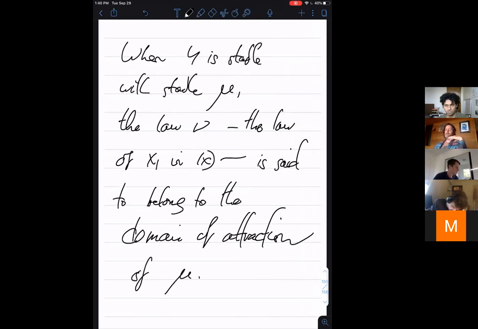So if I take a given law such as the standard normal law, then of course stability implies that the standard normal law lies in the domain of attraction of this law. If I add up a large number of independent copies of the standard normal, in the sense of independent random variables, and then divide by the square root of n, then I get back a copy of this law.